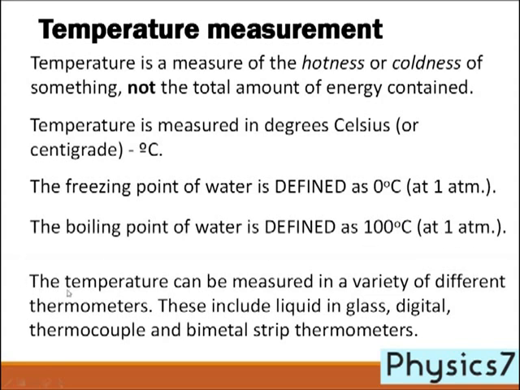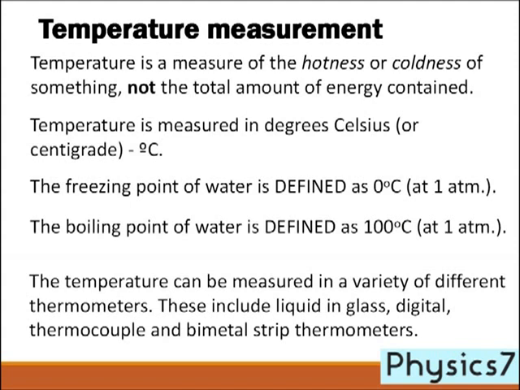And temperature can be measured in a variety of different ways, using different thermometers. These types of thermometers include, for example, ones that we're familiar with in the laboratory, and that is when you have a liquid in a glass.